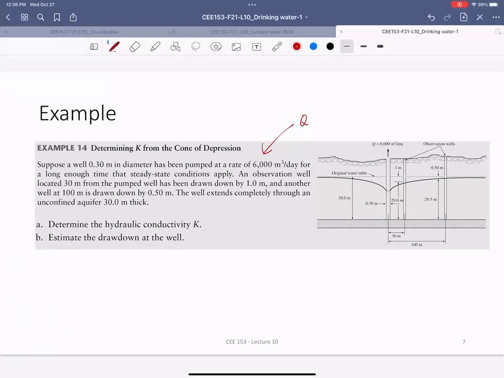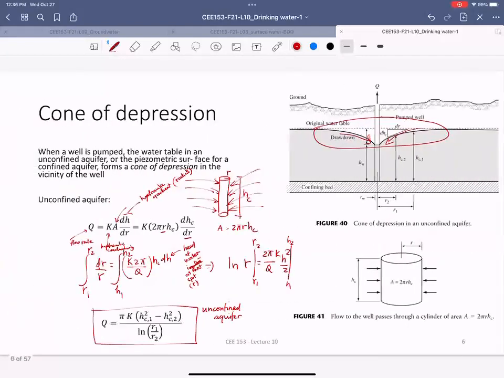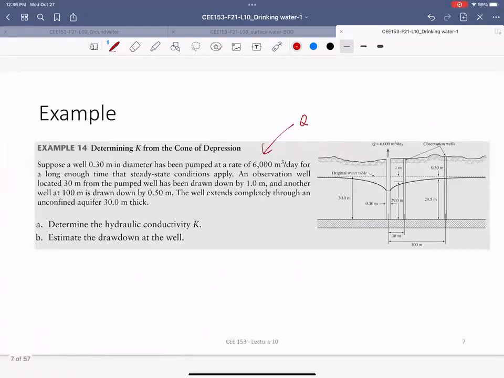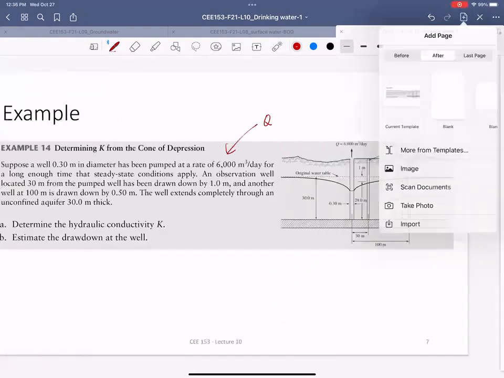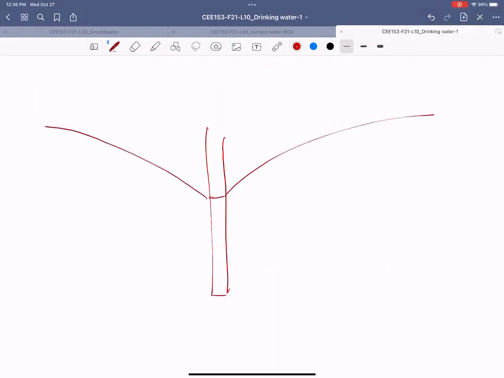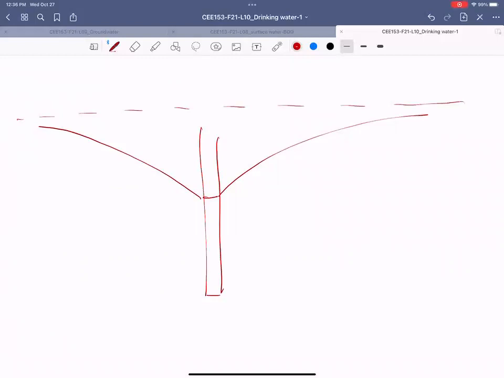So another thing that I didn't mention is what drawdown means. It's not that different. So when you have a well here, this is the head, and imagine before you even start pumping, this was the original head. Head means the water table height, okay?